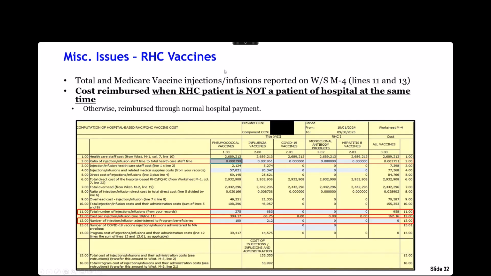So the next thing, this is not a new topic, but it's still been coming up. It's the RHC vaccines. If you look at worksheet M-4 for RHC, this in part helps to determine the cost reimbursement that an RHC would get for providing a vaccine to their patient.